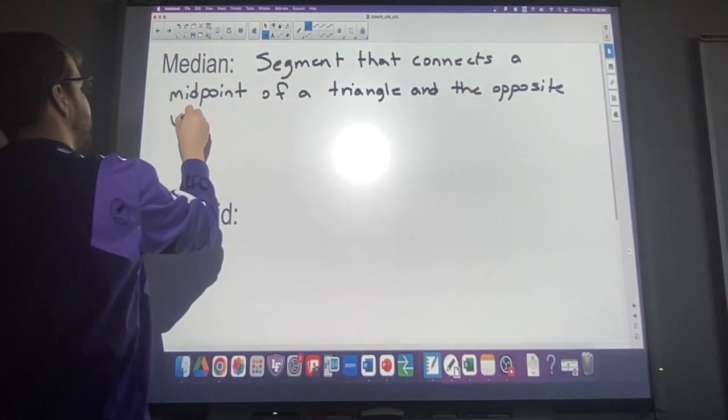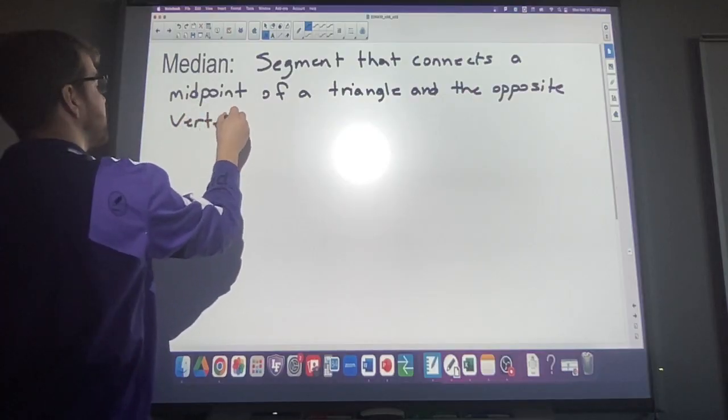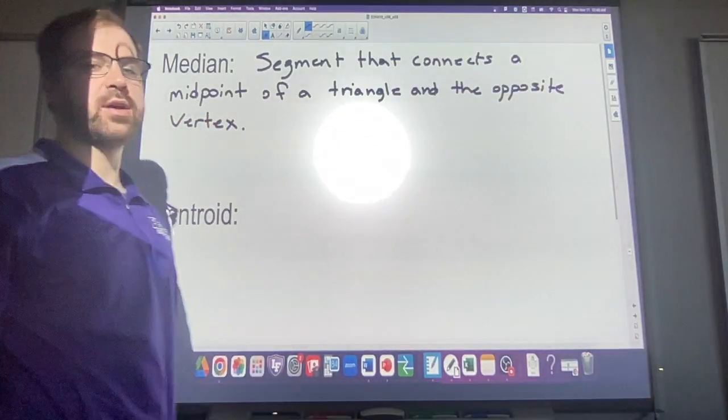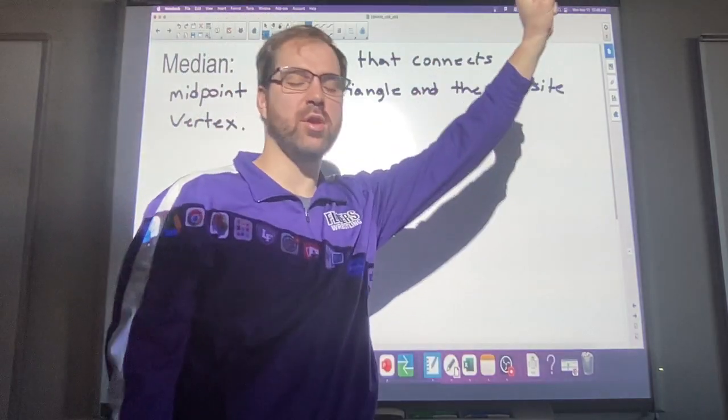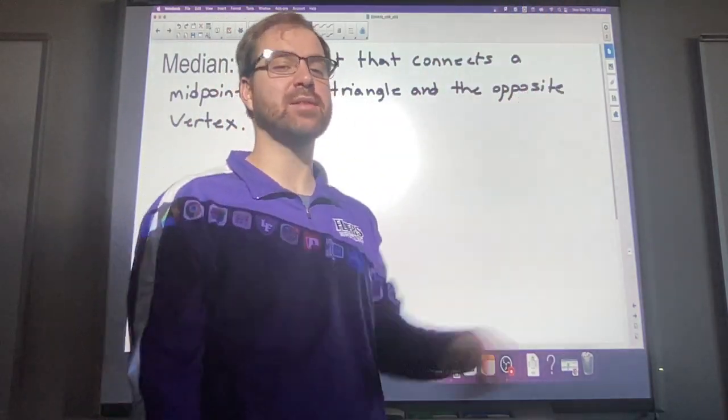So basically you find the midpoint of a side, and then you connect that to the point of the triangle across from it, and that's a median.